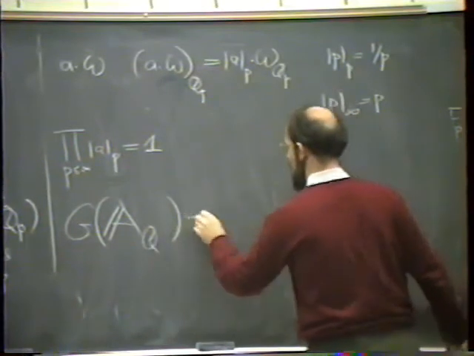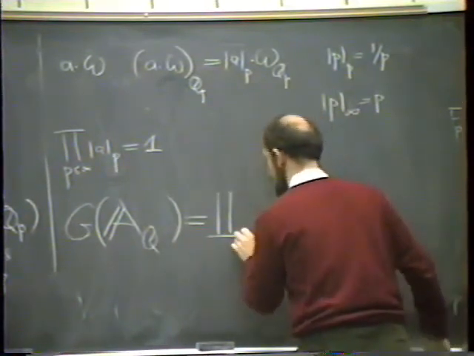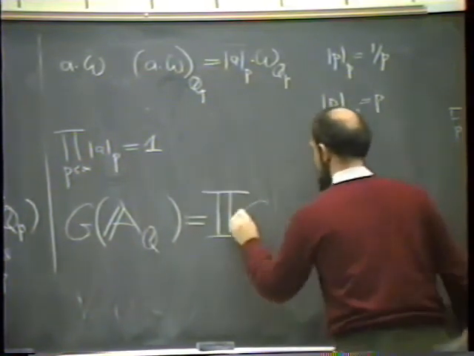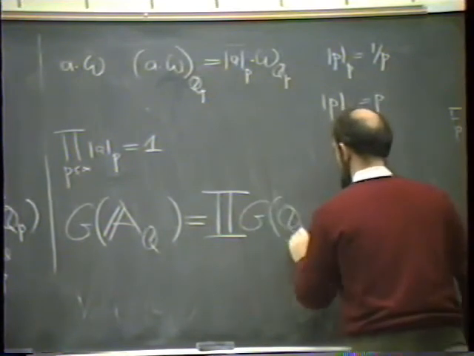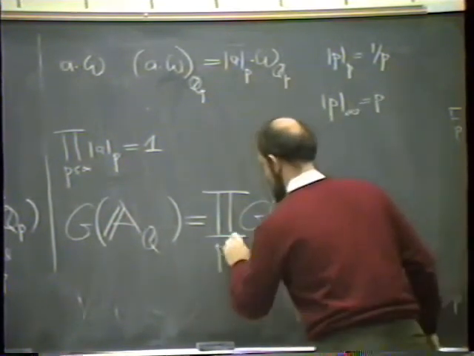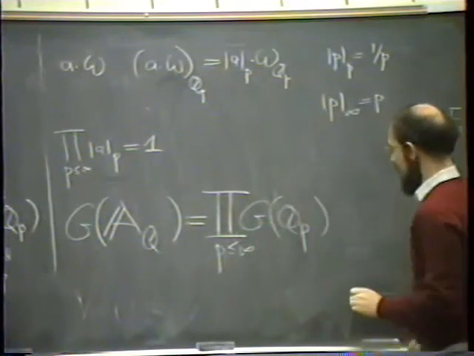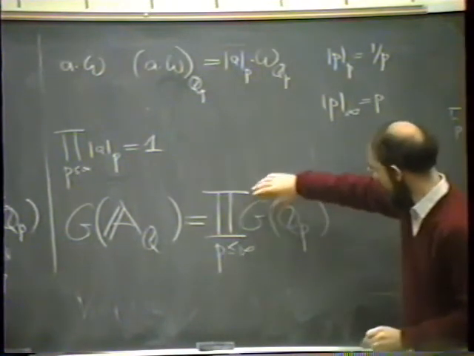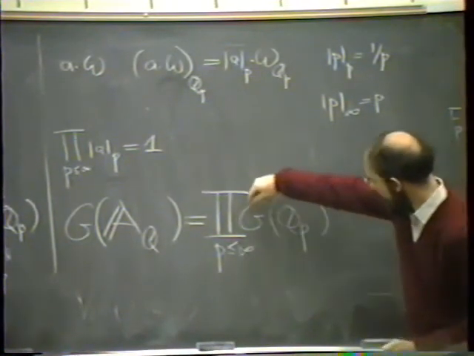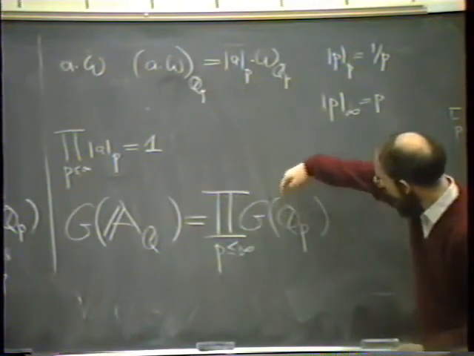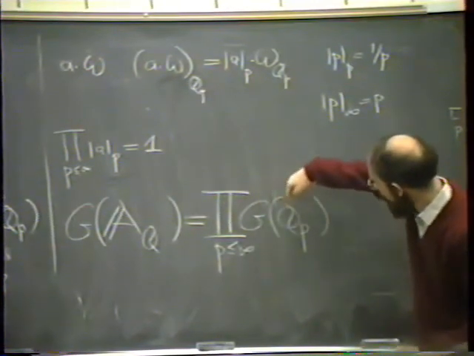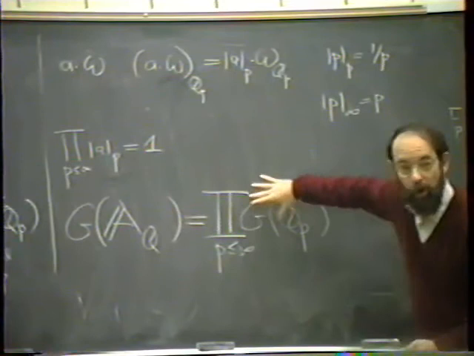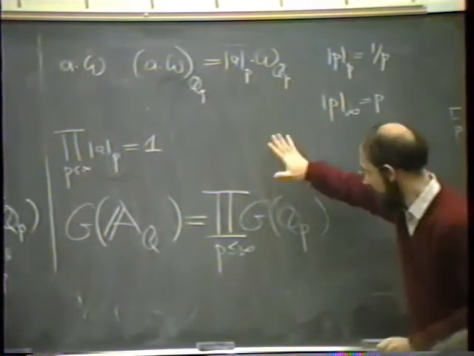what is essentially a sort of restricted product of the G of Q_p for p less than or equal to infinity. A restricted product means I take elements in the product, all but a finite number of entries of which are sort of small. Let me be a little cavalier about that.